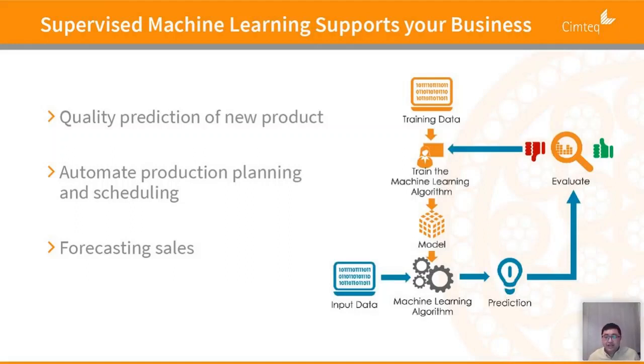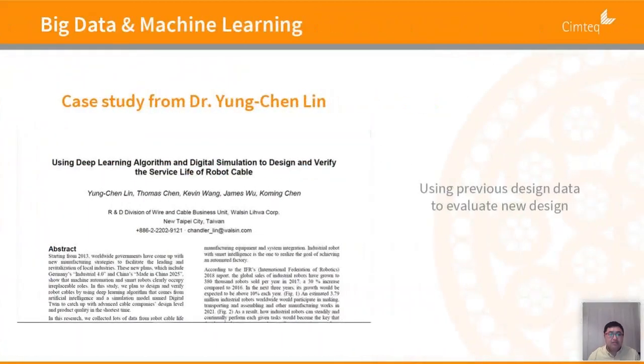But actually, if we put this data into a supervised machine learning model, we can let the model tell me the result even before the lab testing. Just bear with me a second, I'm going to show you this. This is a case study from Dr. Lin Yongzhen, a professor from Taiwan.